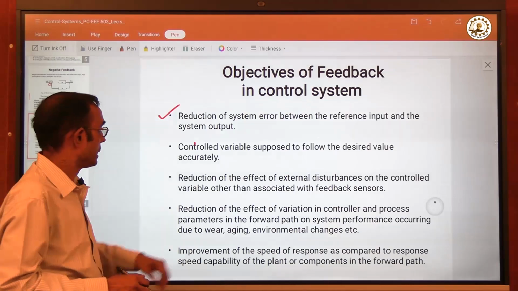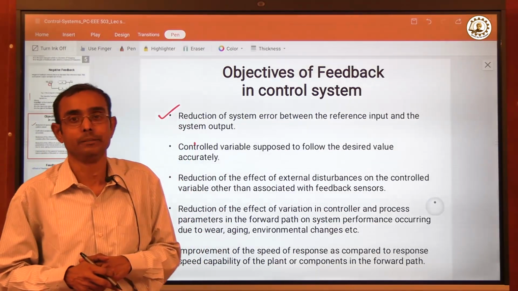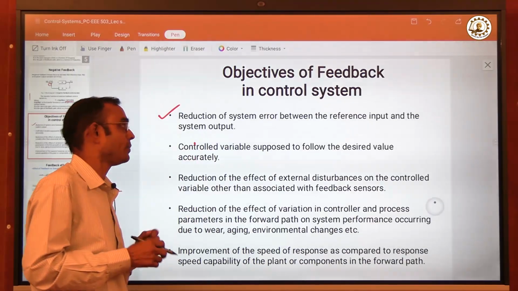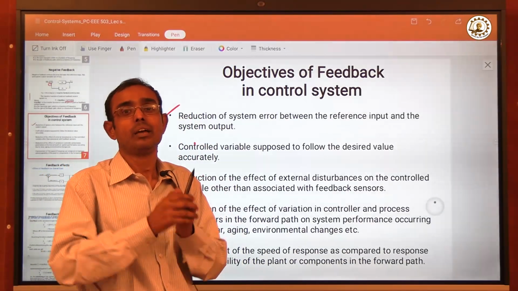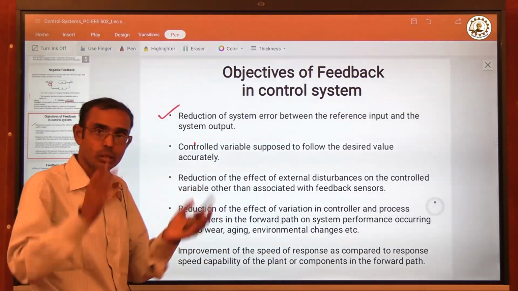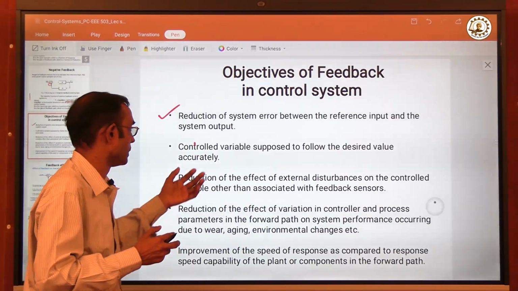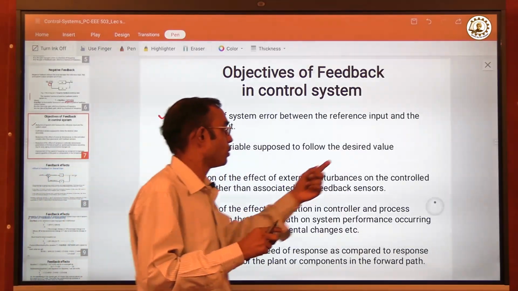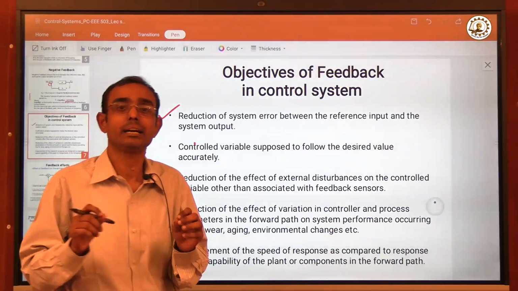In the second point, the control variable is supposed to follow the desired value accurately. That means the value of the variable which we are getting as output response, after all the things done through the working of the closed loop control system, is supposed to follow the desired value accurately. Now what is the desired value?